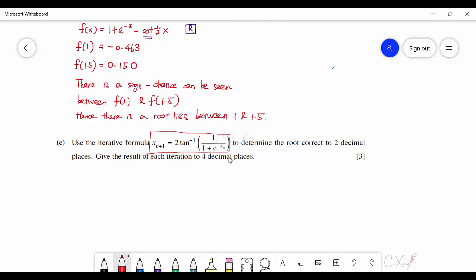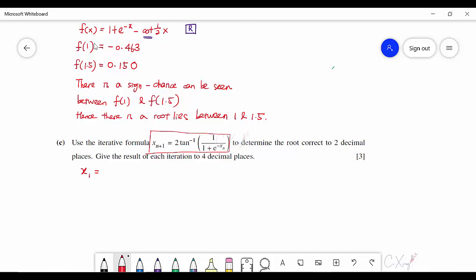Okay, then now what we should do is decide the initial value. For this question, they actually didn't tell us what the initial value is. So you can choose any value that you like, and preferably it should be between 1 and 1.5.